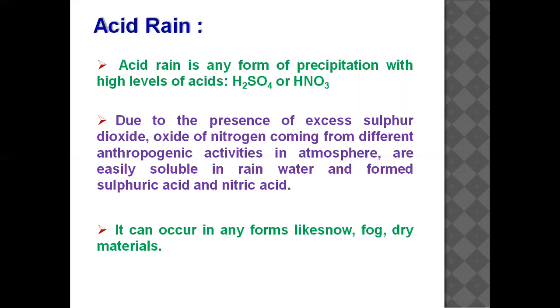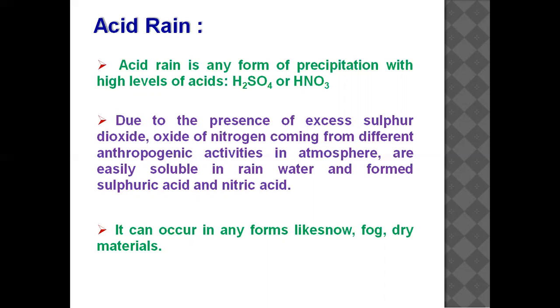Acid rain is any form of precipitation with high levels of acids, for example, sulfuric acid, that is H2SO4, or nitric acid, that is HNO3.